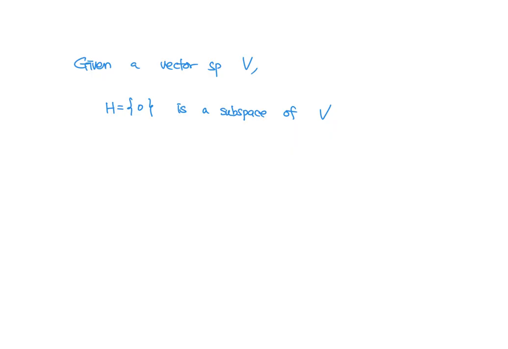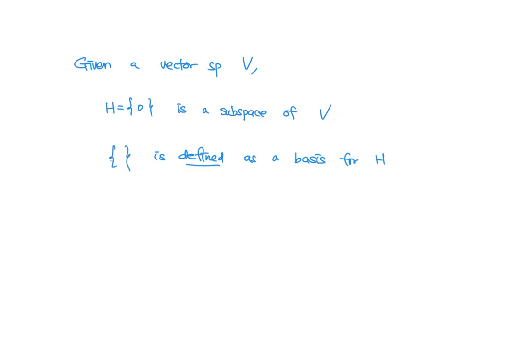For this H, the set of zero, not of vector space, okay? Sorry, not the set of zero. Sorry about that. An empty set is defined as a basis for this zero space.